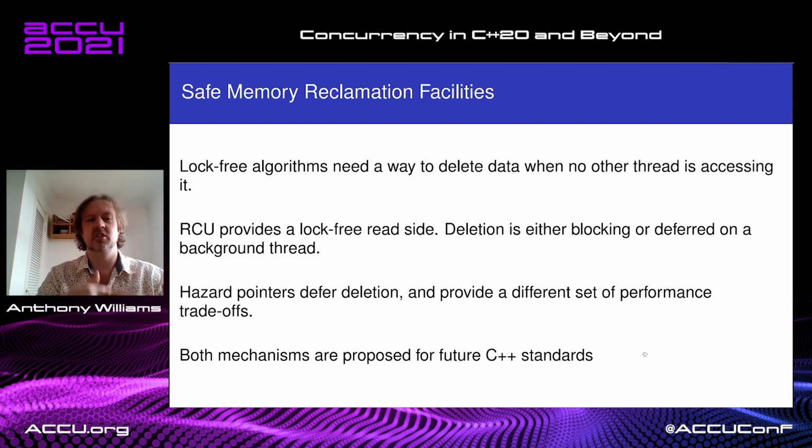They have different models of how they track access, and they have different trade-offs, and they are both proposed for future C++ standards. So you can then look at the trade-offs and see which one is most appropriate when you are designing your own concurrent data structures.